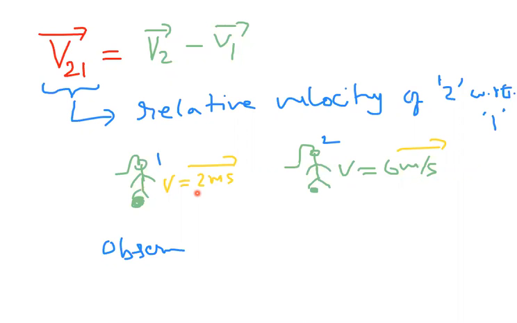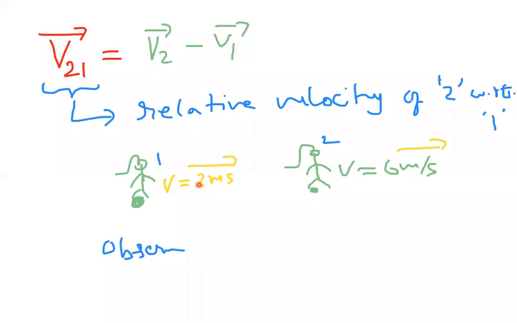But when I am moving in the same direction as this person, then what will happen? Suppose both the speeds are equal, then they will feel that they are at rest. But now I am going with 2 meter per second, he is going with 6 meter per second.